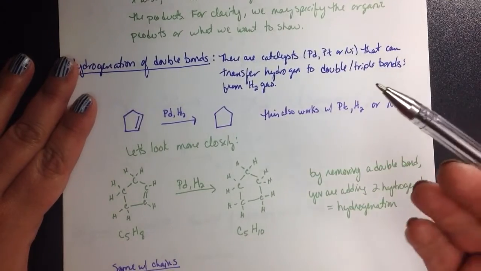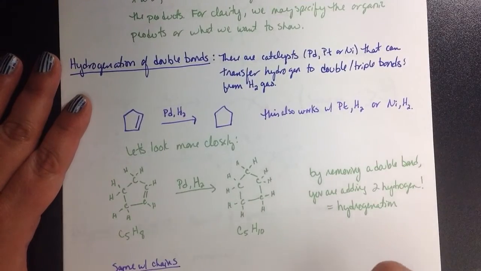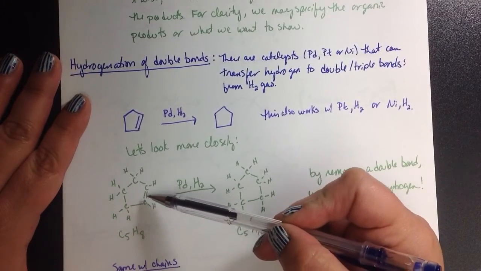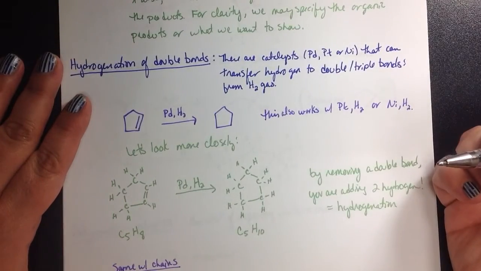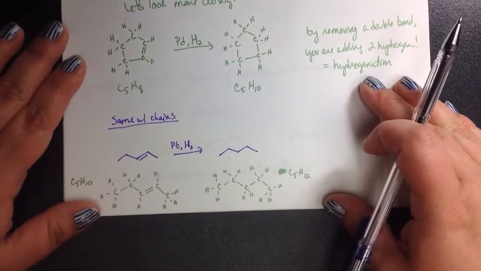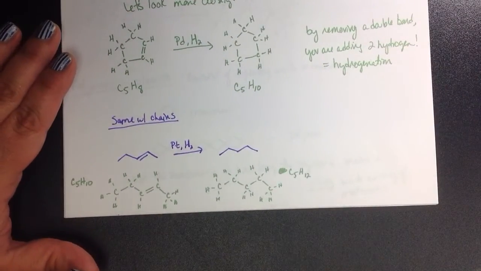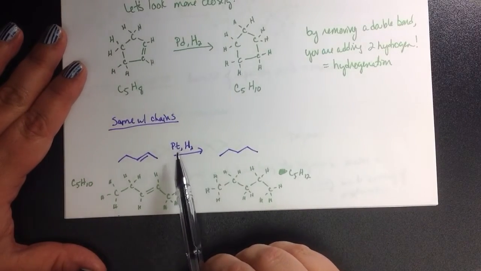Just the same way if you reduce a bond or you take away 2 hydrogens, you have a double bond. If you add 2 hydrogens, you have a single bond. And that's what hydrogenation is. It doesn't matter if it's in a ring or not, this is the same concept. We can use platinum, we can use palladium, we can use nickel.